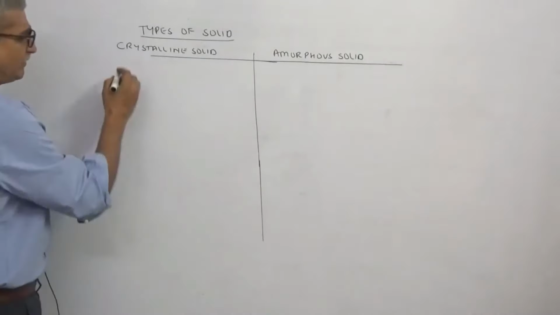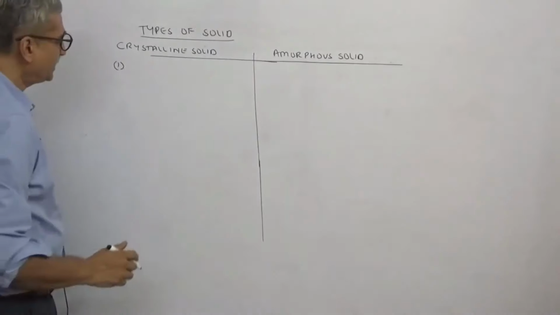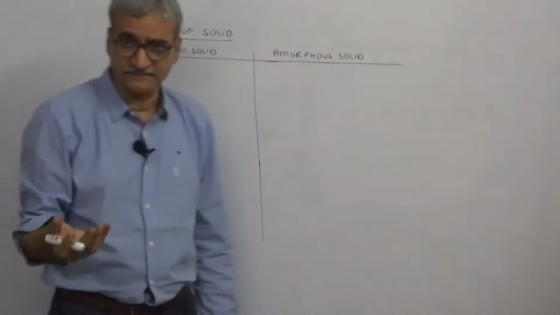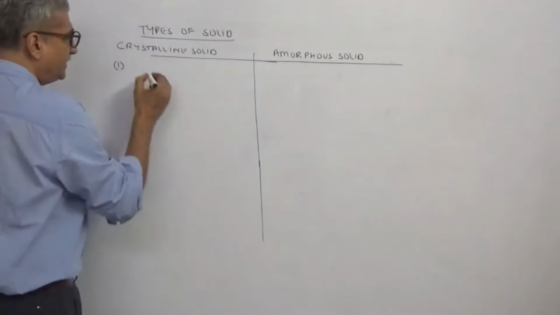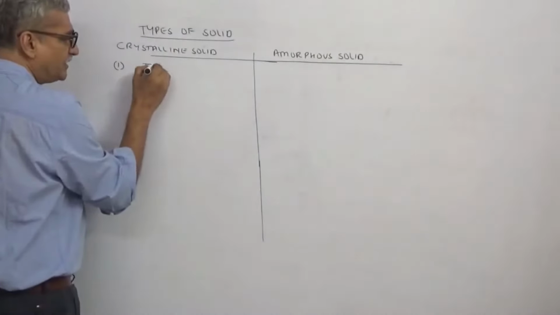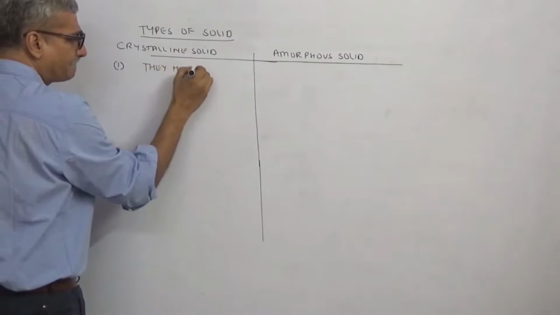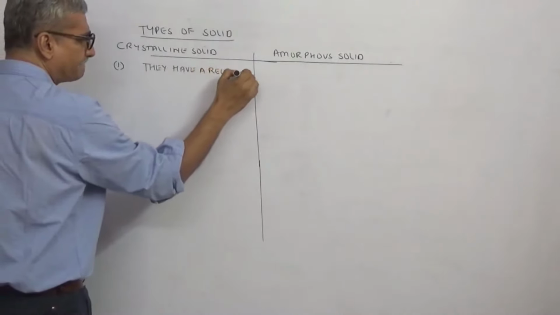What can I say about crystalline solid? The first and foremost point is this also becomes a definition, so if they ask you to define crystalline solid, this is the first point.